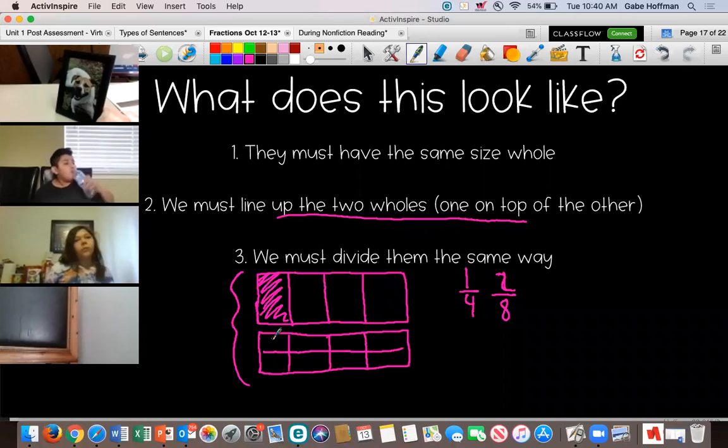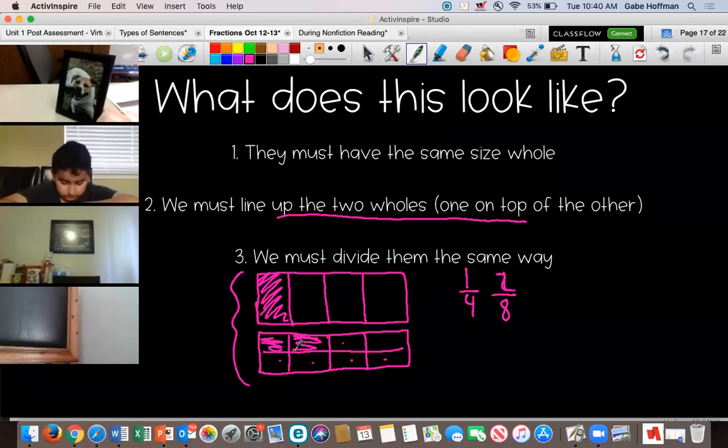I still have 8 pieces, 1, 2, 3, 4, 5, 6, 7, 8, but I can't line this up and compare it this way. You have to draw them the same way. So just to help, if you colored in 2/8 like that on that one, then you can't really draw a line straight down to help you compare those, right?